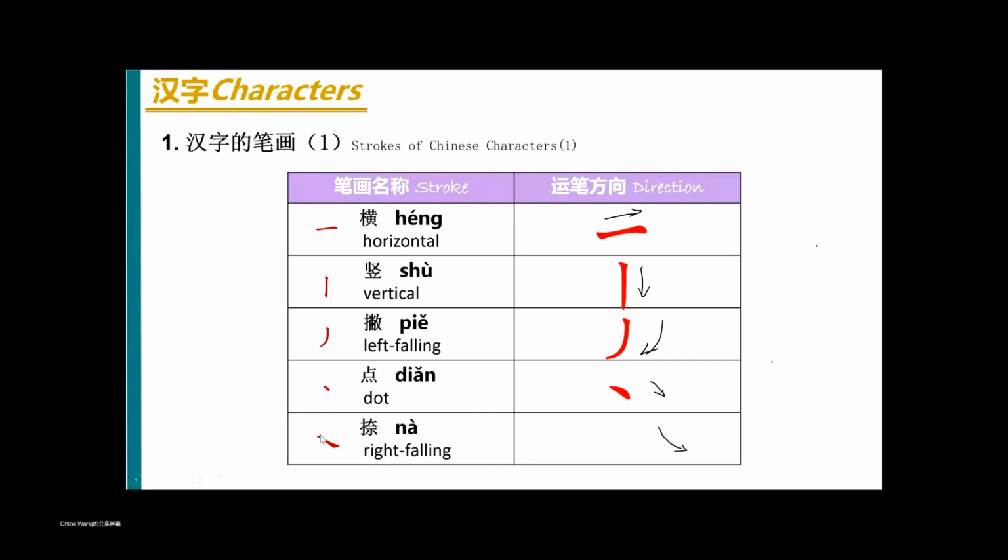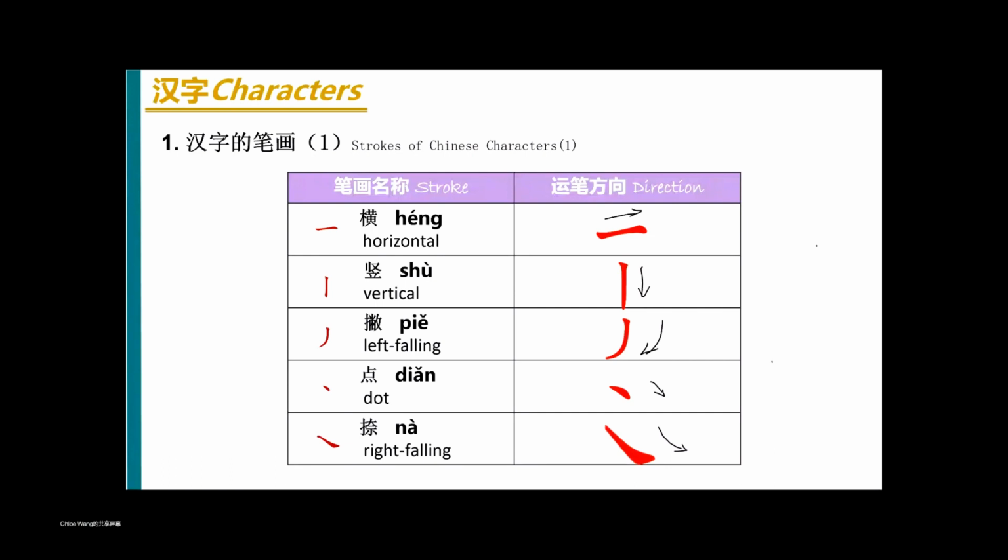How we write it is like a more complicated, longer 点. So it's really different from the left falling 撇. 捺, we write like this.